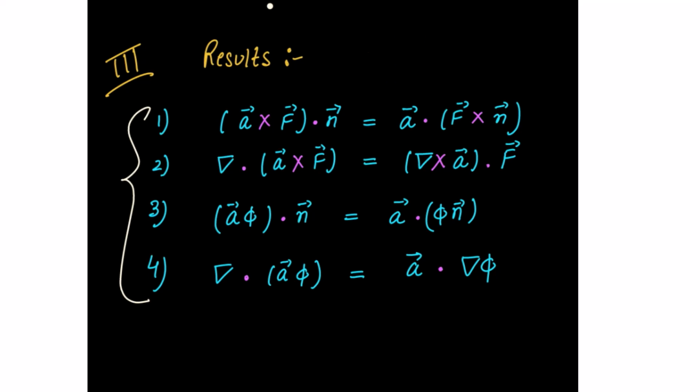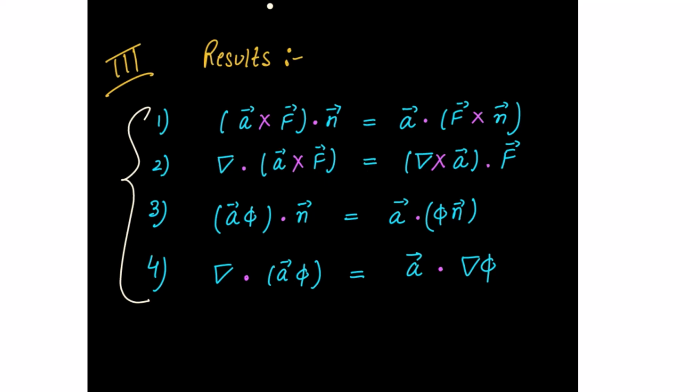Then second result, the divergence of the cross product of two vectors is equal to the curl of the first vector and its dot product with the second vector. To remember the second result, just note that the cross products are taken near the equal to sign, right?